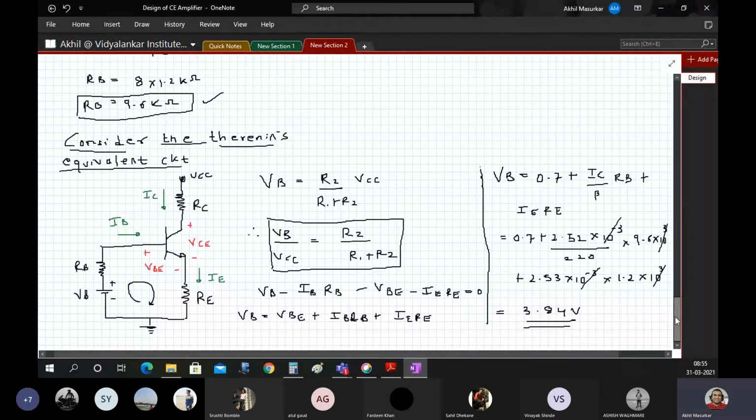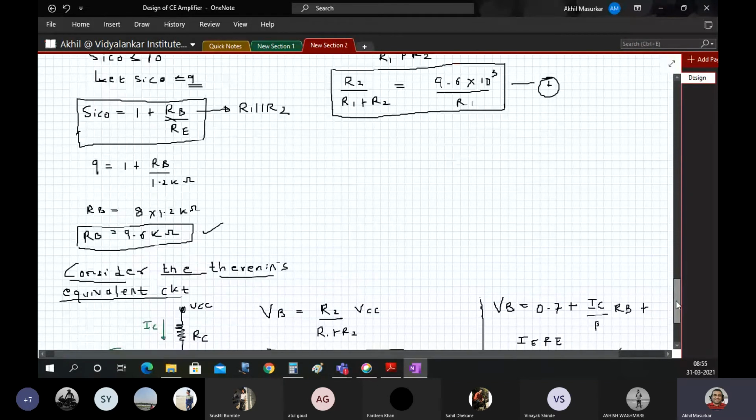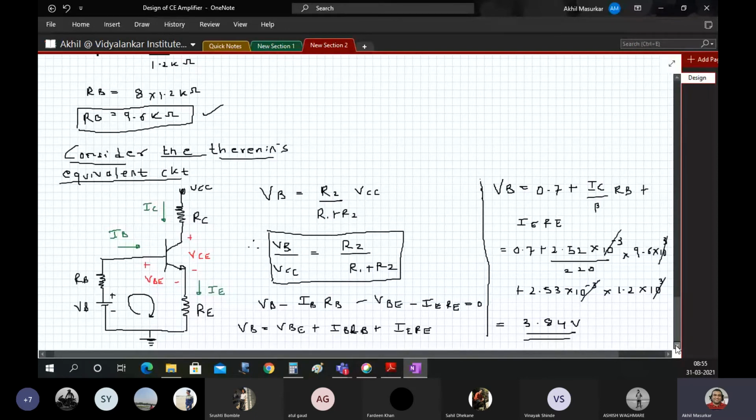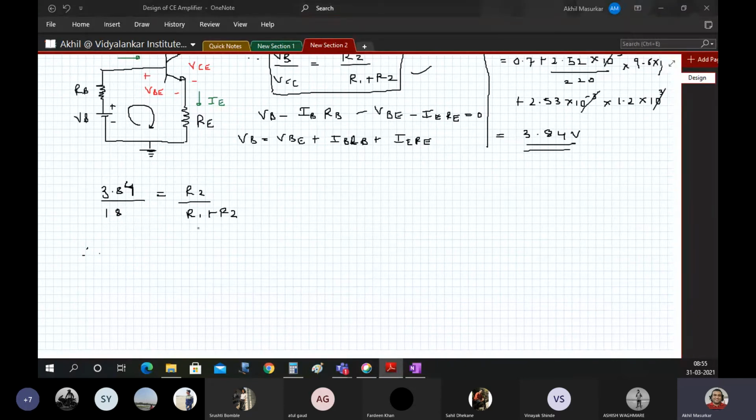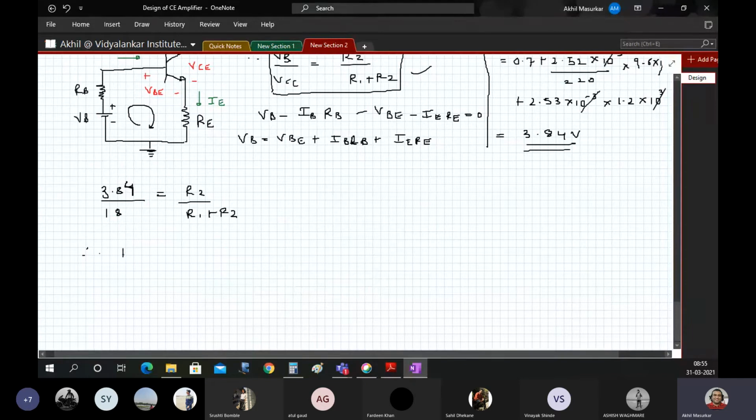So the voltage VB is 3.84. Now we can write 3.84 upon 18, that is this equation, is equal to R2 upon R1 plus R2. Therefore, R2 upon R1 plus R2 is equal to 0.2133.